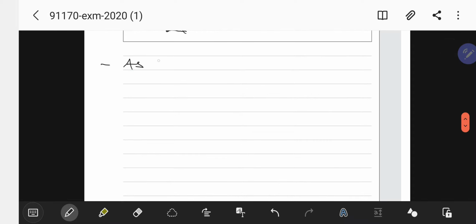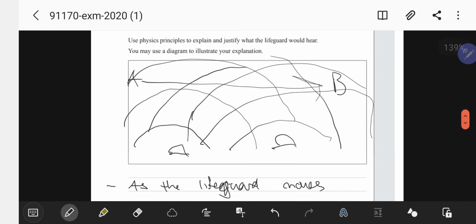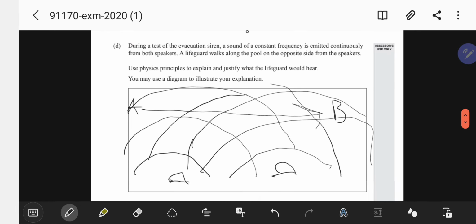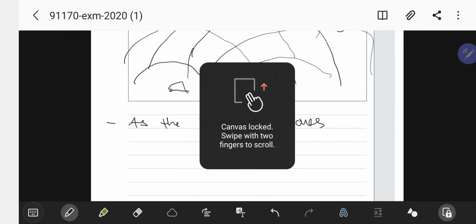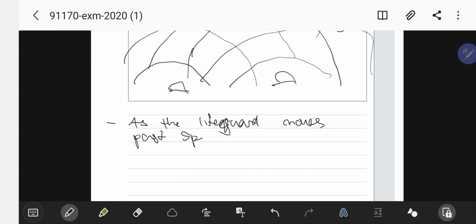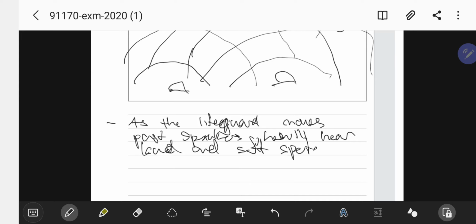Okay, so as the lifeguard moves across line B, or moves past the speakers, he will hear loud and soft spots of sound.